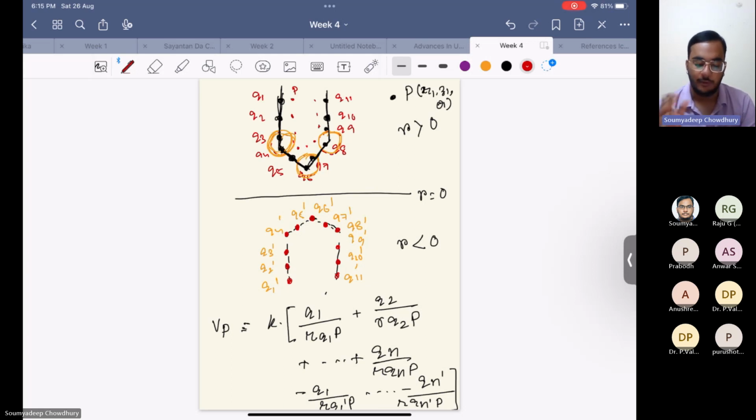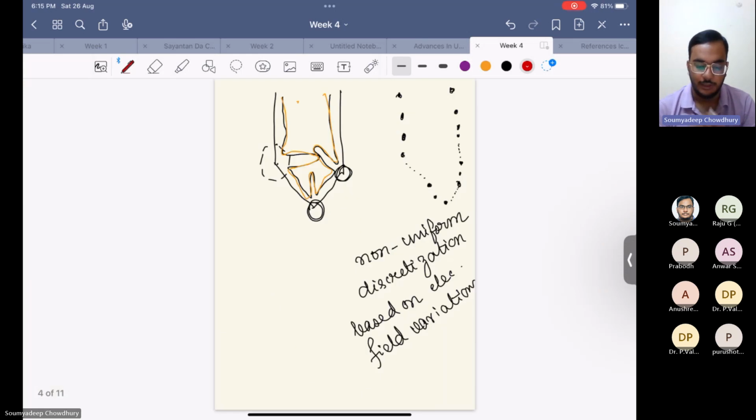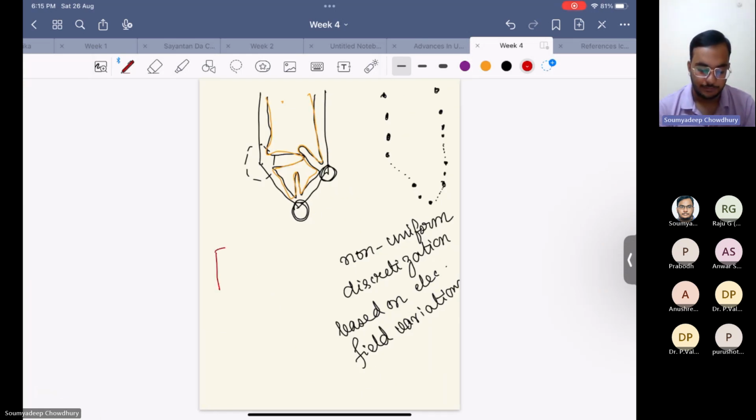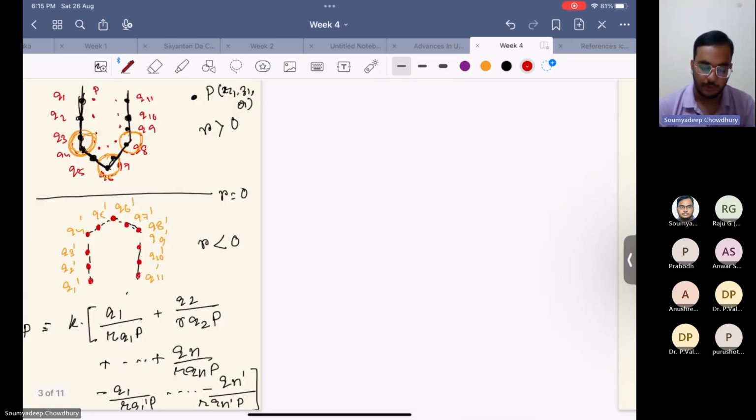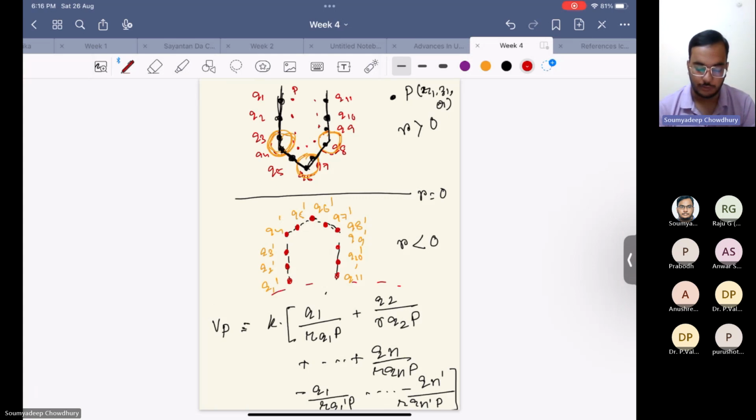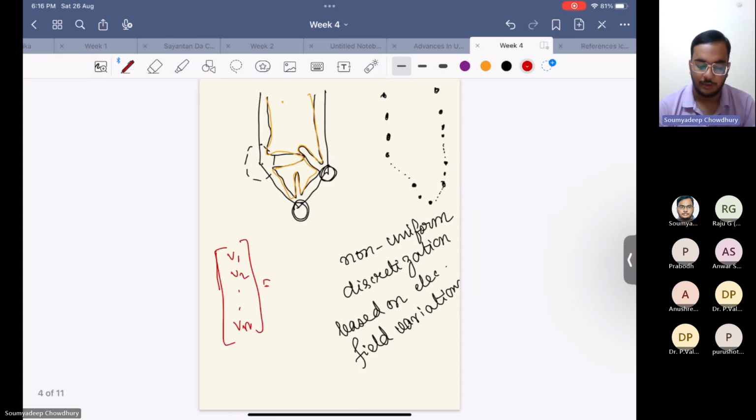Basically, we will form a column matrix of V, which will be V1, V2, dot, dot, dot, up to Vn. Then we will have the potential coefficient matrix, n cross n, so it will be P11, P12, P13 like this. Then we will have Q1, dot, dot, Qn.